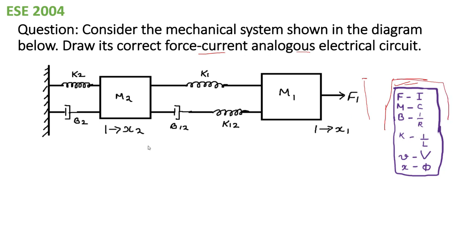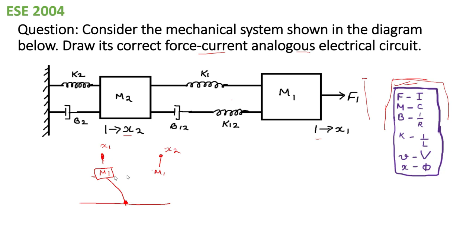So first we will draw its nodal diagram. The number of nodes is equal to the number of displacements. So we will write here, this is your x1 and this is your x2. And then we will draw a reference also. So this is your reference node. And then we will add the mass element between the node and the reference.